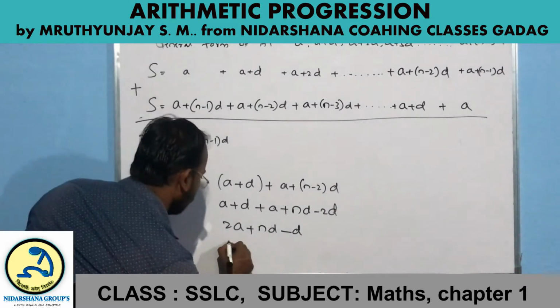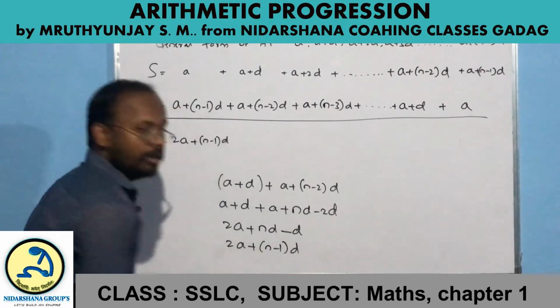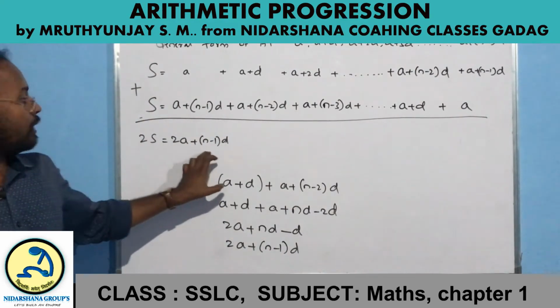Okay, so it becomes 2a plus n minus 1 into d. So here we get 2a plus n minus 1 into d.